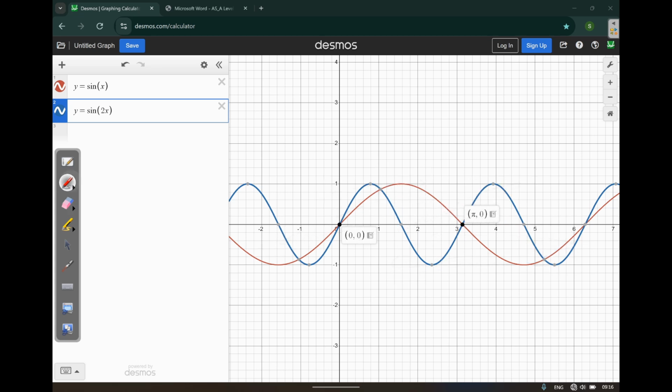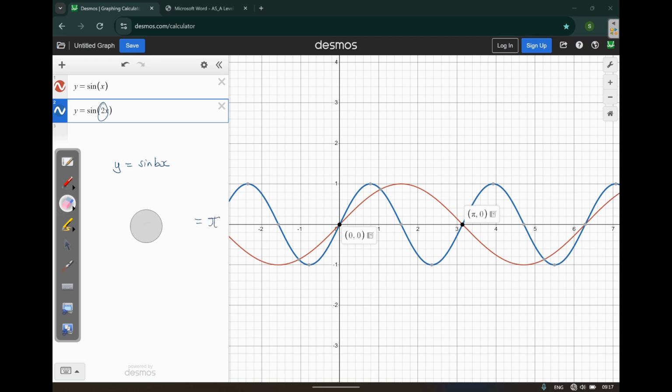That means if I have something like y is equal to sine of b x, how do I get this value? We have seen from our graph that when you multiply x by 2, the period becomes 1 over this value. Because it was 2 pi, now times 1 over 2, we are getting pi.